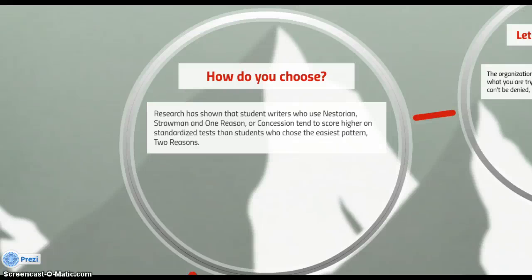Now, standardized tests would be things like the STAR test, the EOC, the SAT, the ACT, the GRE when you're ready to go to grad school. All of these things will ask you to write an essay. Choosing a pattern other than two reasons generally means that you will achieve a higher score. So that's something to think about.